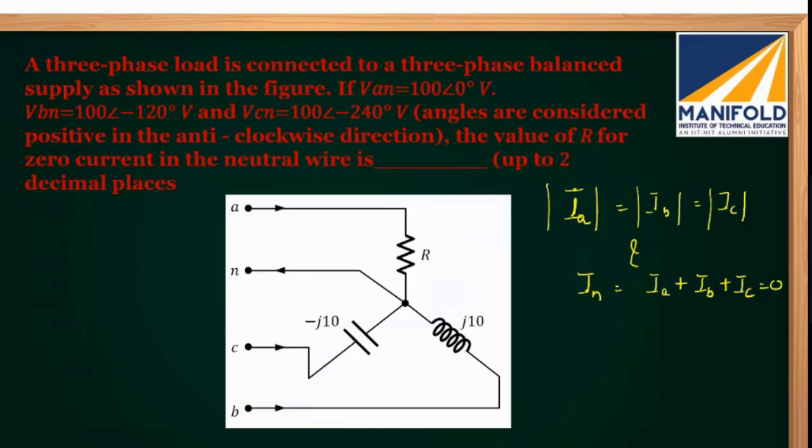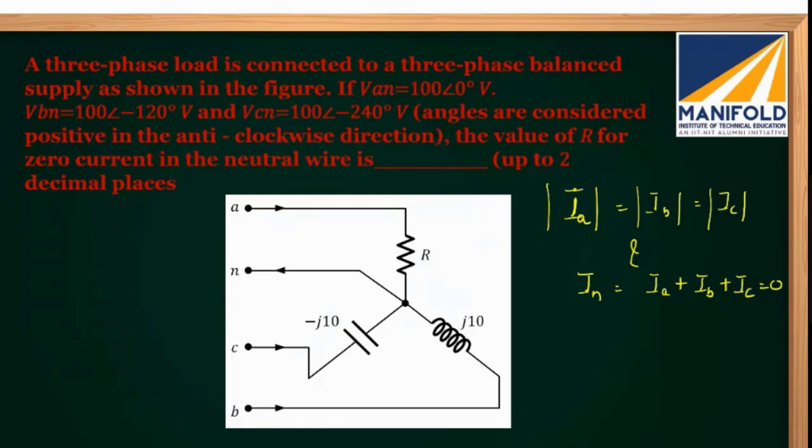Here it clearly shows that it is an unbalanced system because the impedances in A phase, B phase and C phase are different. But even in this case, the neutral current somehow has become zero. So for this neutral current to be zero, what is the value of the resistor that we need to compute? Understand? It is an unbalanced system.